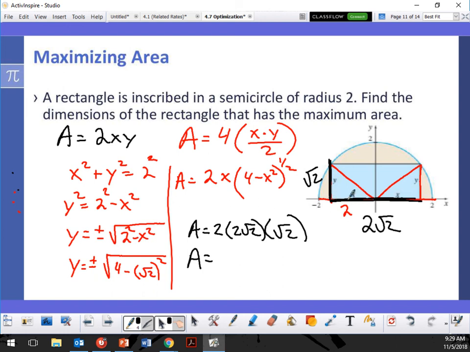Would it just be 2 radical 2, because in the area formula you already accounted for the fact that there are 2 x's? You're right. Good job. So I'm going to come up with 4 units squared. That makes sense.